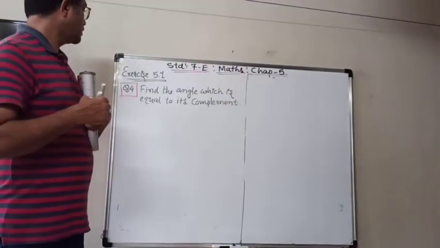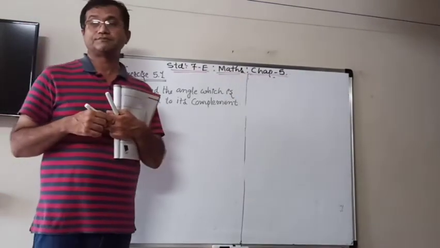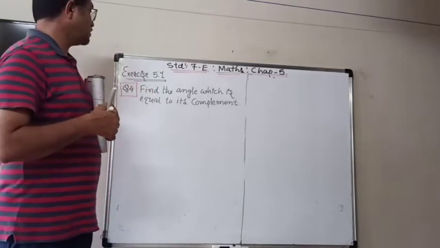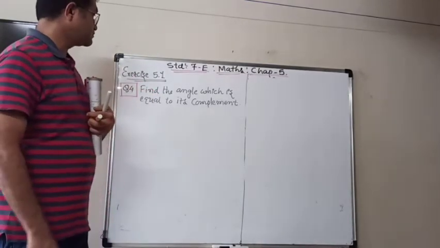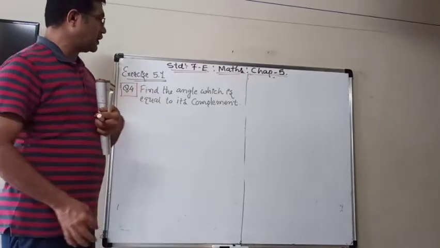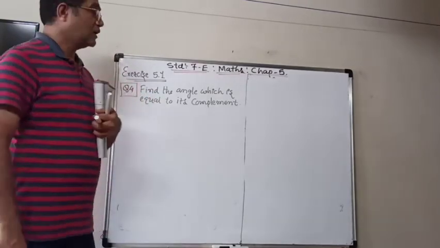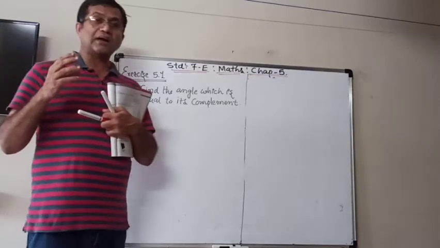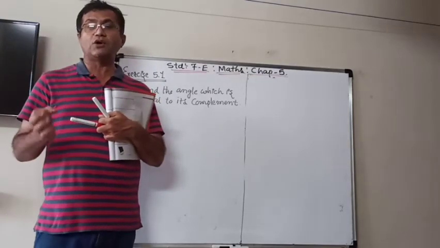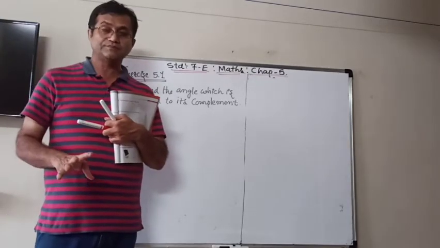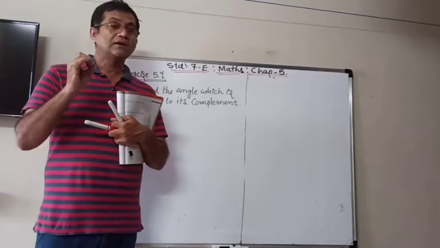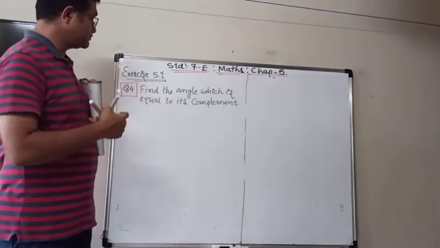Now question 4 says: find the angle which is equal to its complement. It means that the angle and its complement both are equal, and we have to find the value of that angle.